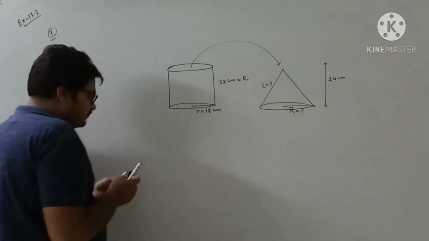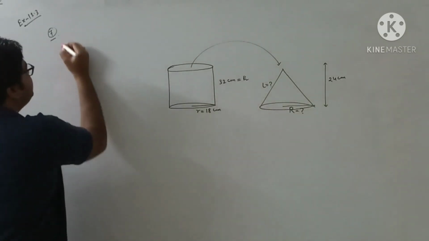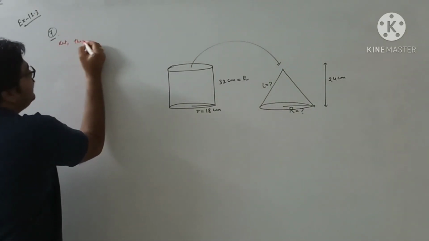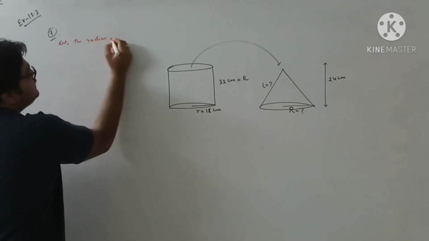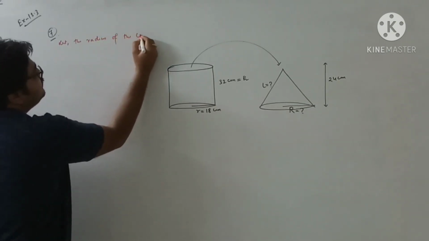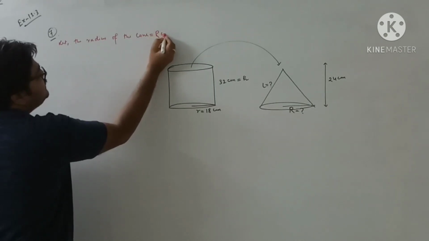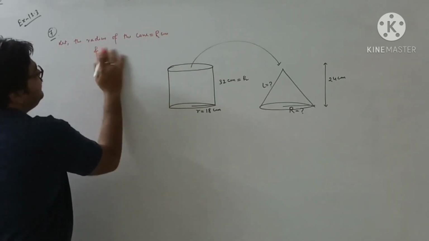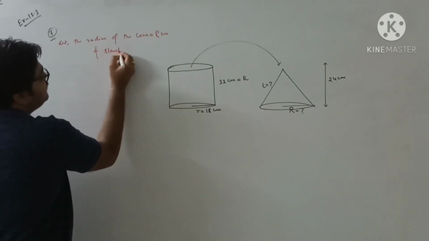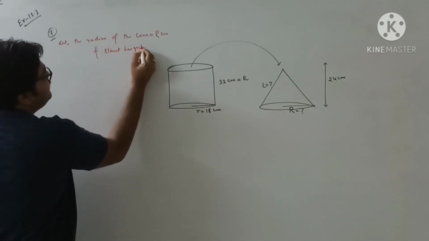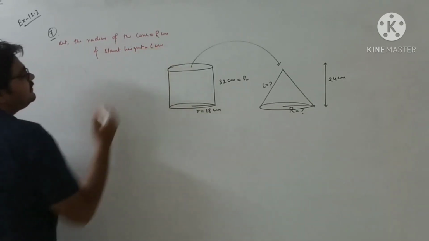So let the radius of the cone equal capital R centimeter and slant height equal to L centimeter.